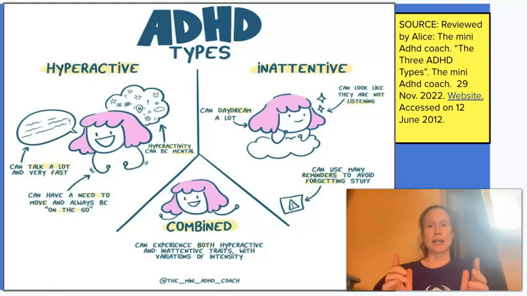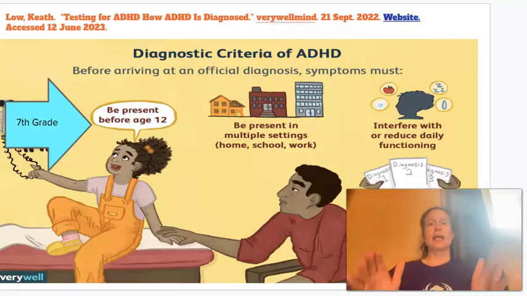Okay, so let's get to what is officially ADHD with a diagnosis. All of those things that were described have to be present or had to have been present in 7th grade or younger. So 7th grade is typically age 12.